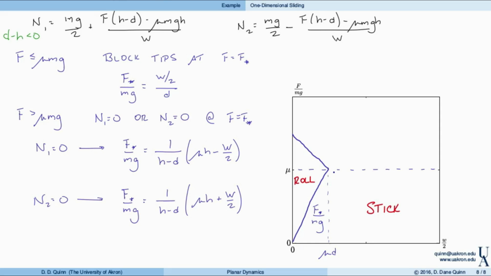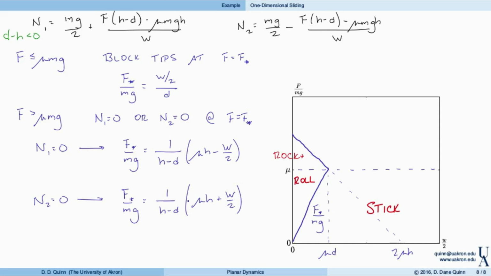I can actually extend this down and see that it would intersect F equals 0 at 2 mu h. But this region here above the slipping line, but below this, we will refer to as rock plus.